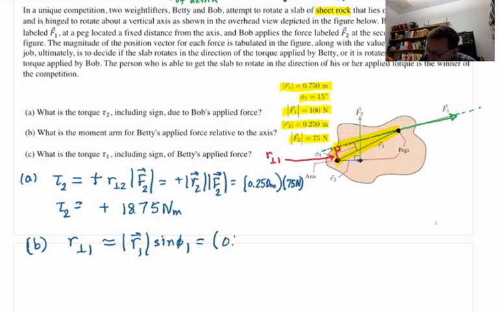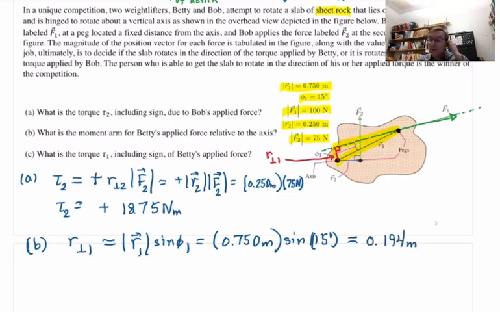So 0.750 meters times the sine of 15 degrees. Sine of 15 degrees is not very large, so we're not going to get a very large moment arm. Only 0.194 meters. So we're not getting very much moment arm with Betty's applied force. But that's part B. Part C.